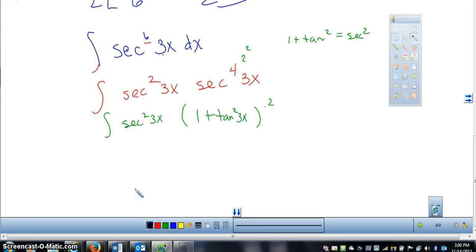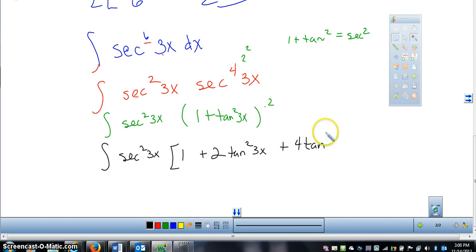And now I have to do lots of algebra with this. I'm going to FOIL what's inside my parentheses. And I get 1 plus 2 tangent squared of 3x plus tangent to the fourth of 3x. Remember that 3x is an angle, so it doesn't change.